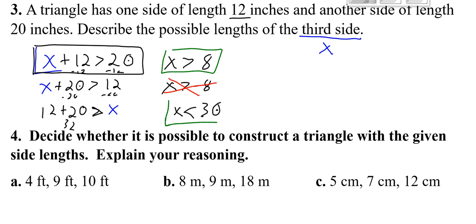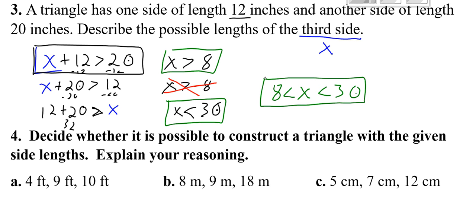So our x value has to be greater than 8, but it has to be less than 30. And so those are our possible side lengths for triangles with a side length of 12 and 20. The best thing to do is think about subtracting your smallest side given from your largest side given, and that meets that condition.